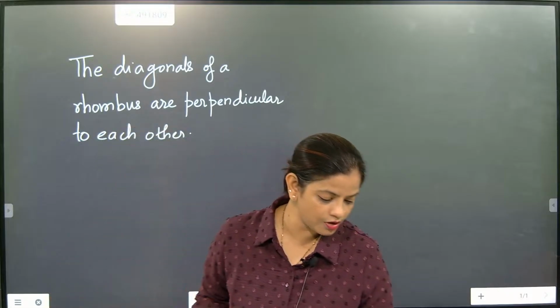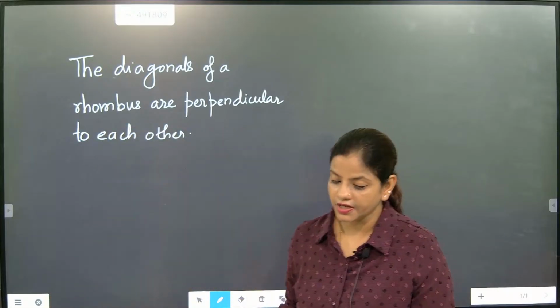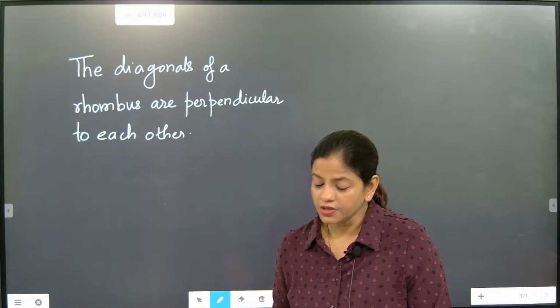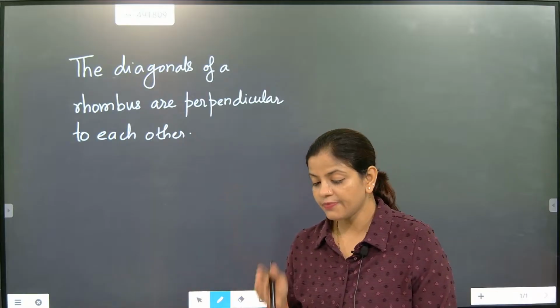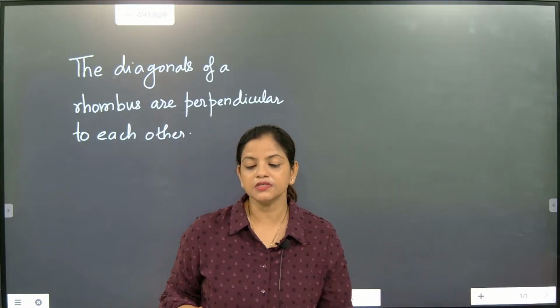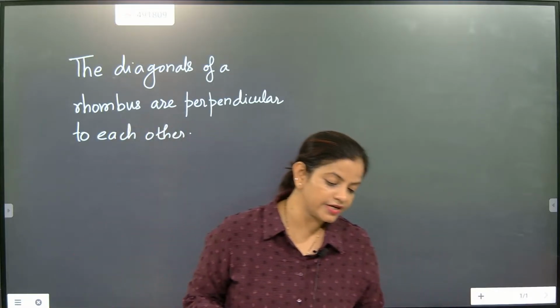This we are going to solve. For this, first we need a rhombus. We know that a rhombus is that type of quadrilateral whose all sides are equal.